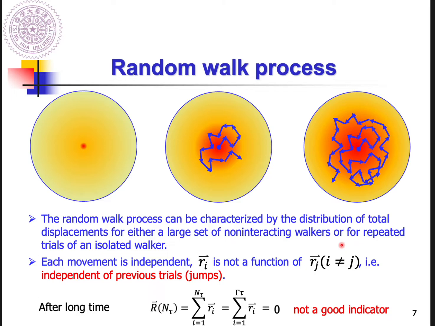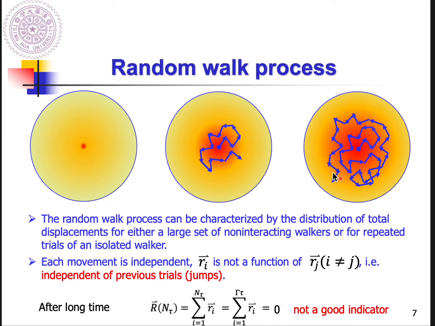So it turns out that using the capital R, the displacement after n tau jumps, as an indicator to describe the diffusion phenomenon will not be good, because you did observe the diffusion happens, but the summation of capital R gives you 0.